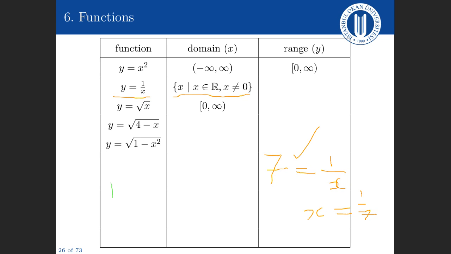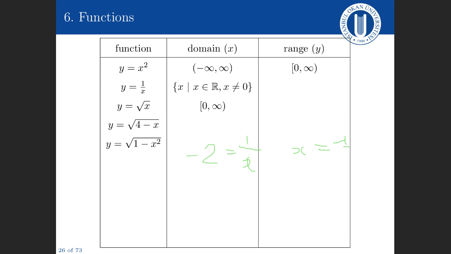Is it possible to have, let's say, 1 million? Yes, x could be 1 divided by a million. Is it possible for y to be equal to, say, minus 2? And the answer is yes. We could choose x as minus a half. Is it possible for y to be equal to 0?